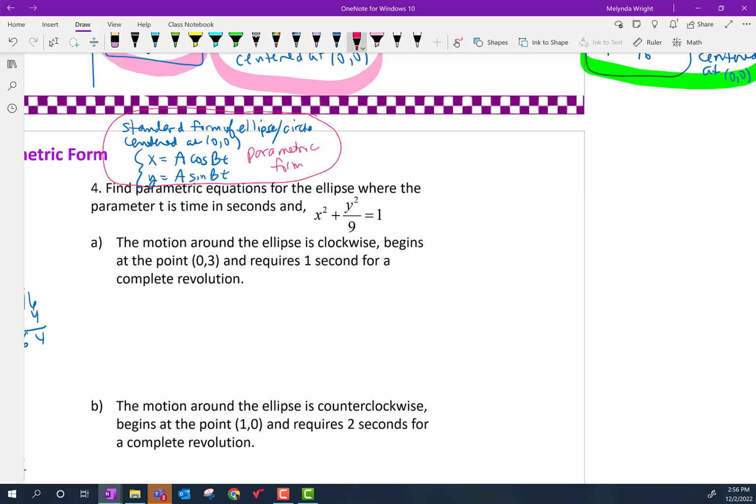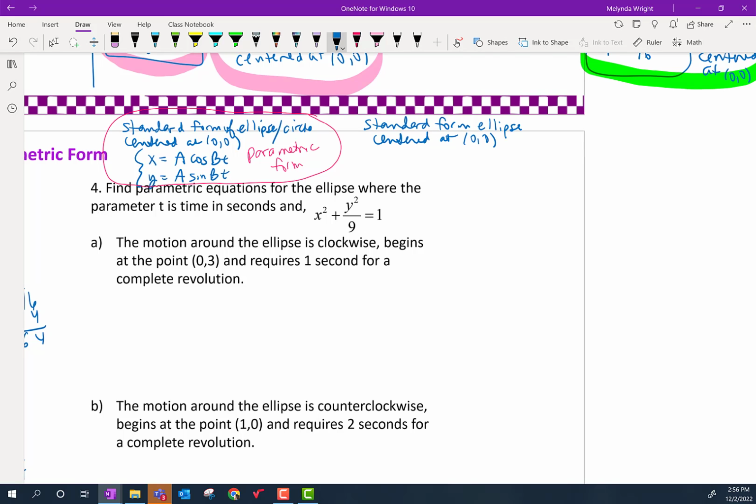I also need to give you, since we haven't really talked about this before, this is a good precursor to what we're doing after the break. This is standard form for an ellipse centered at 0, 0.